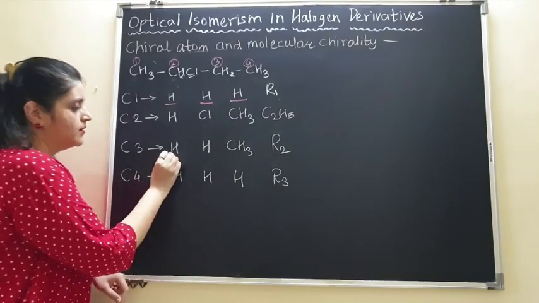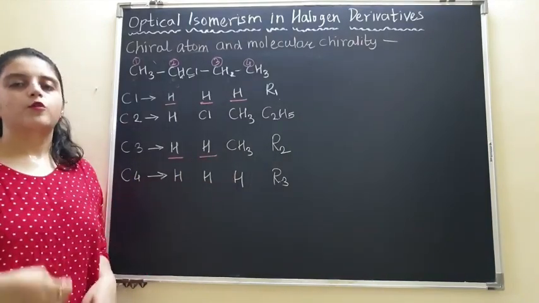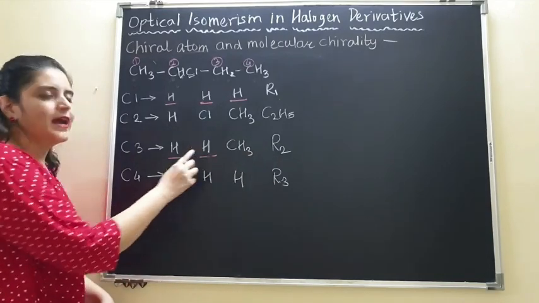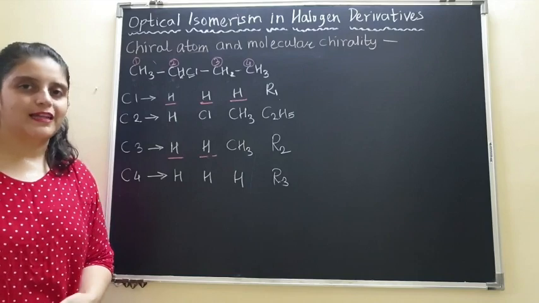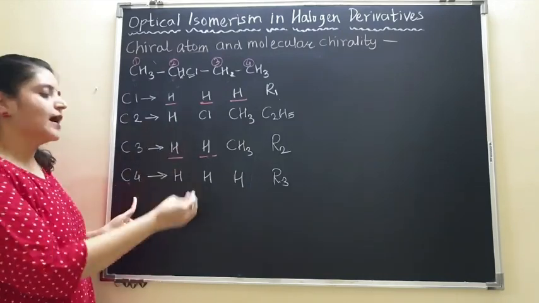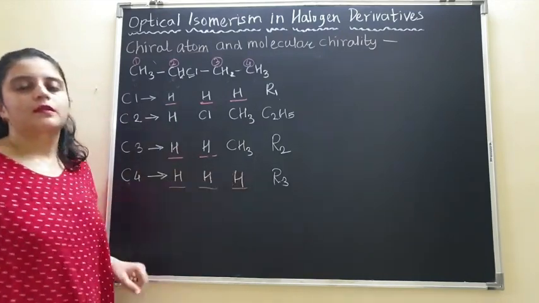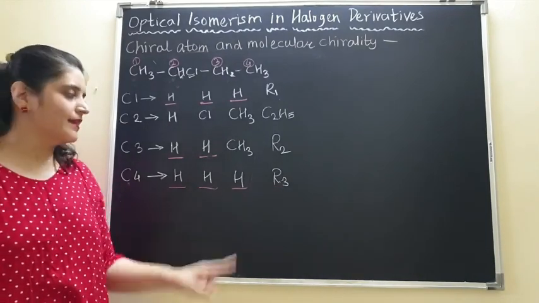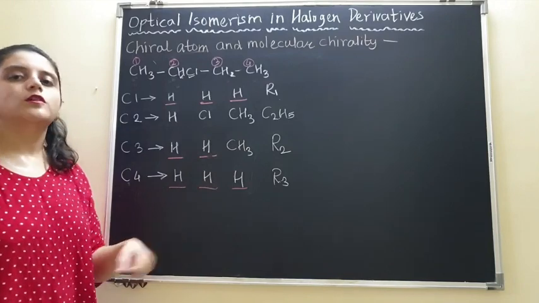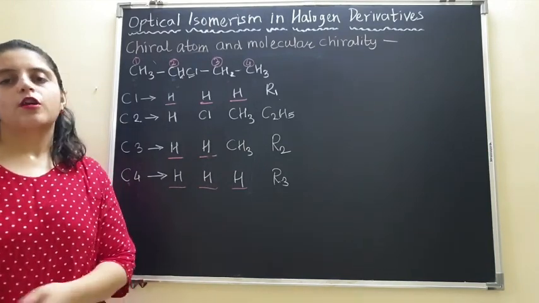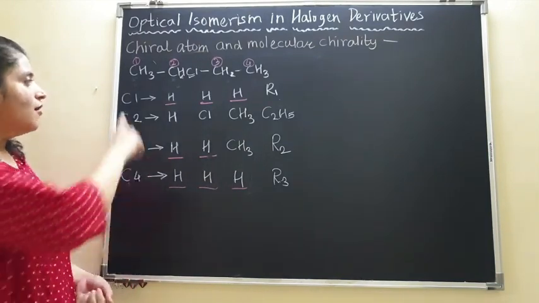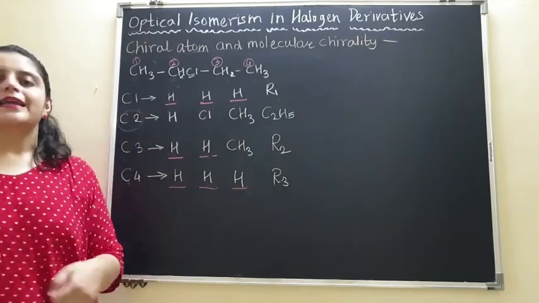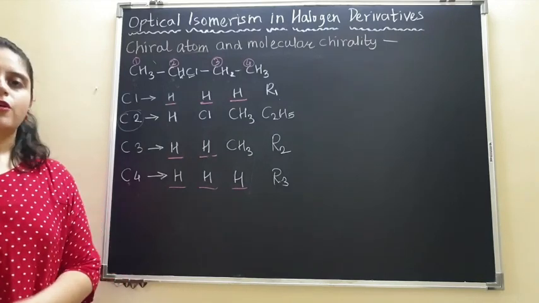On the third carbon, 2 hydrogen atoms are again common. Though CH3 and R2 are different, we have 2 same groups also, H and H. Then on the fourth carbon, 3 hydrogen atoms are common. The last group is different, that is R3, but along with this, you also have 3 atoms which are the same. So out of the 4 carbons, you can see that the second carbon is different from the others.